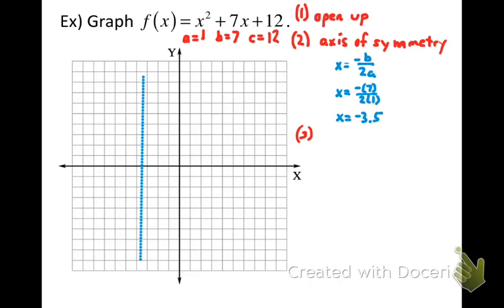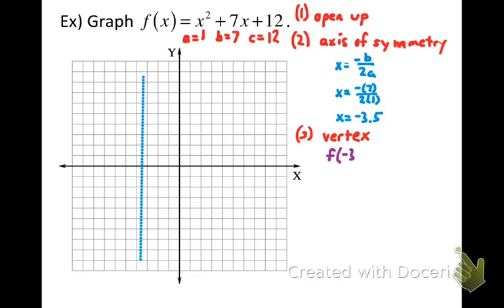Okay, so after we identify the equation for the axis of symmetry and graph that, the next thing we're going to do is figure out where some important points on the parabola are, the most important of which is the vertex. And what we said you do to find the vertex is you plug the x-coordinate for the axis of symmetry into the function.